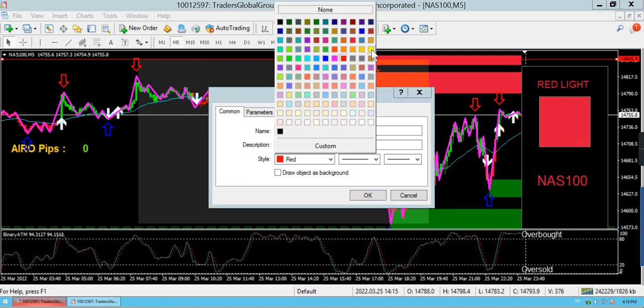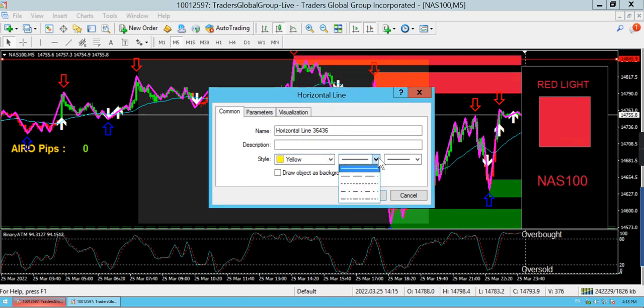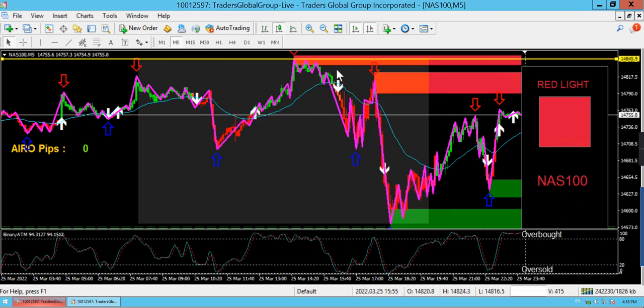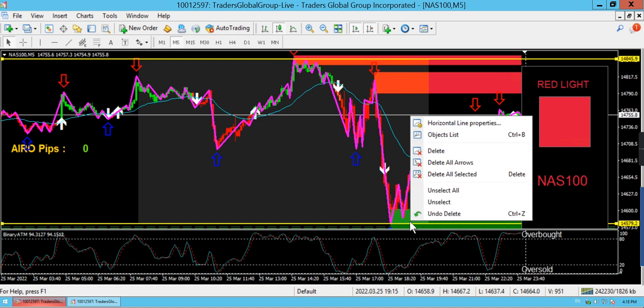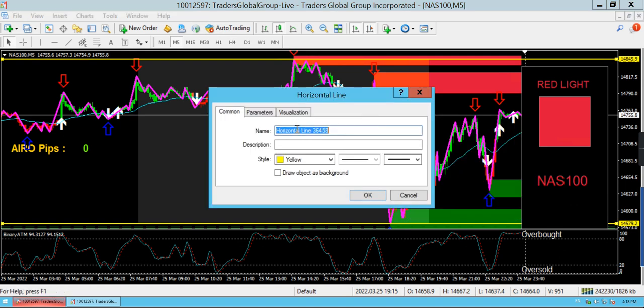I'm going to try and make it nice and bright so I can see it. All right, and this is money zone high. Boom. Next one down here. Double click on it, right click, horizontal lines, money zone low.